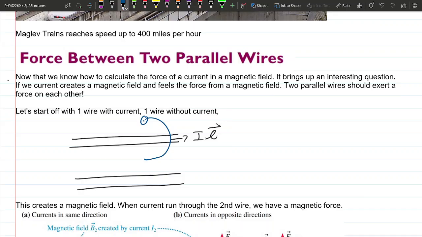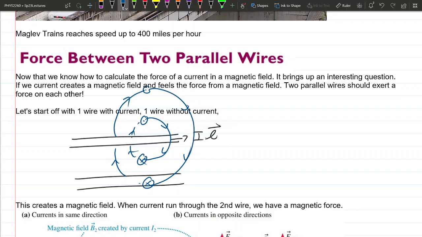This is coming out, this is going in, it also goes behind. There's also a bigger loop like this, where it comes out, goes through the other wire, goes back behind, and reconnects back up here.